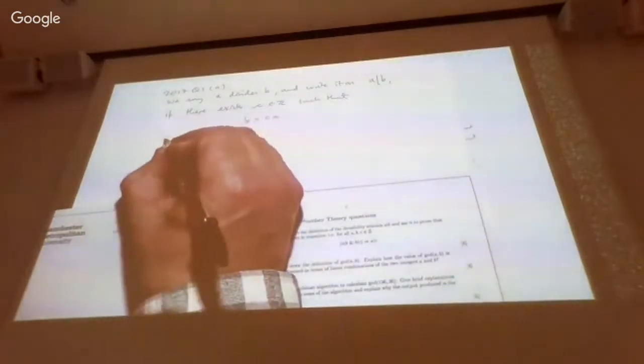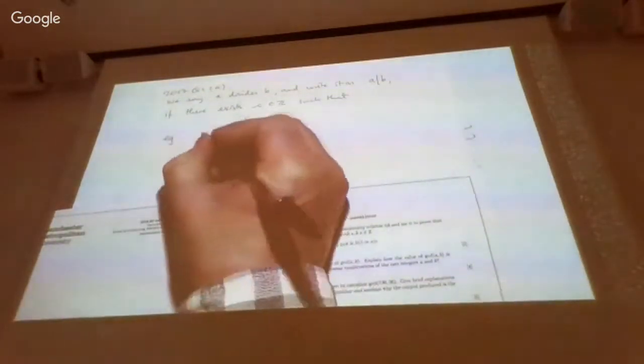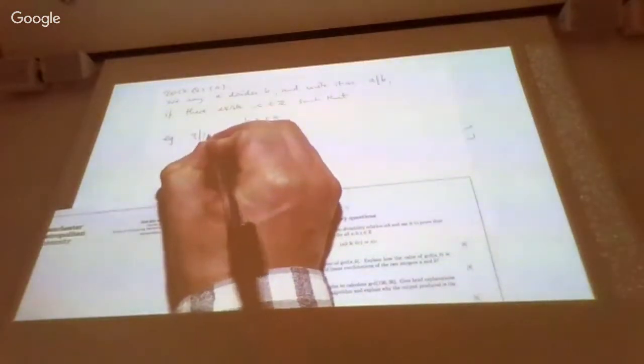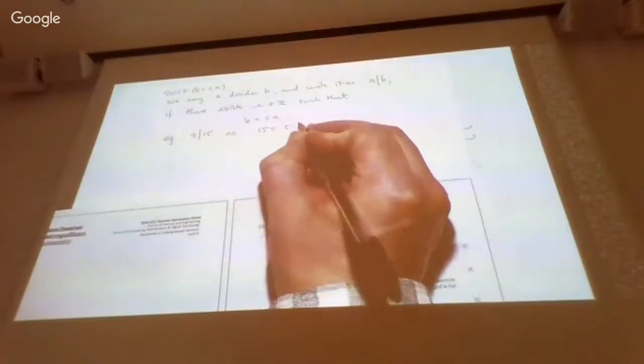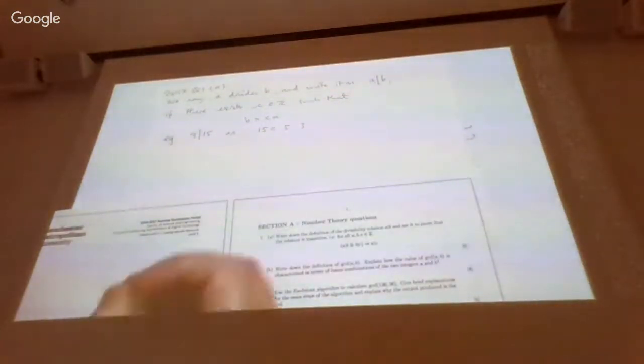I would give a couple of examples. Say 3 divides 15 as 15 is equal to 5 times 3. Simple.